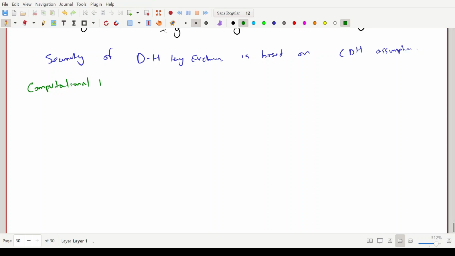Computational Diffie-Hellman problem. So what is the computational Diffie-Hellman problem?